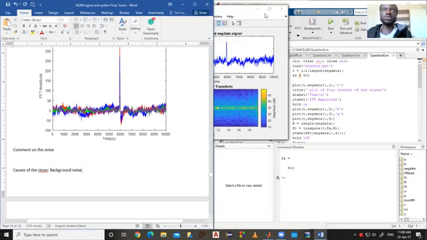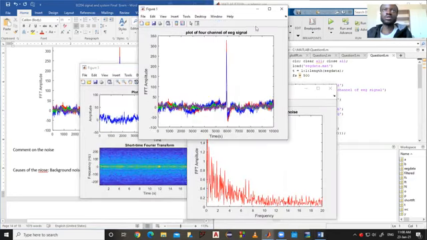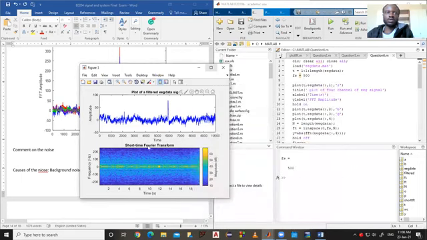And if we were to see this plot, here is the plot that I just showed. Here is the Fourier transform and the frequency components, and there is the short-term Fourier transform as well.